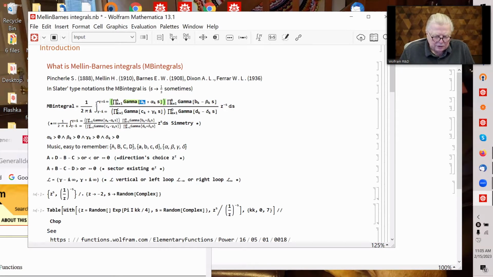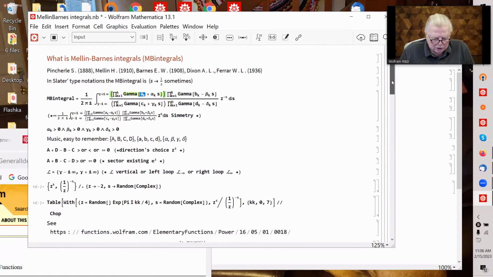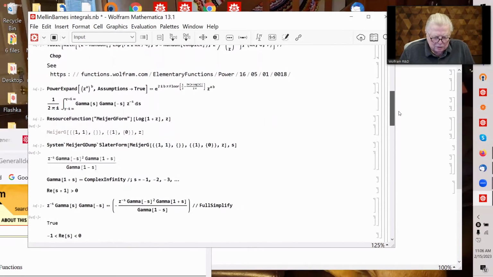Instead of a vertical line, the contour can be a loop starting from minus infinity, going through all poles of gamma functions, and then returning back to the left. I will show a picture of this.